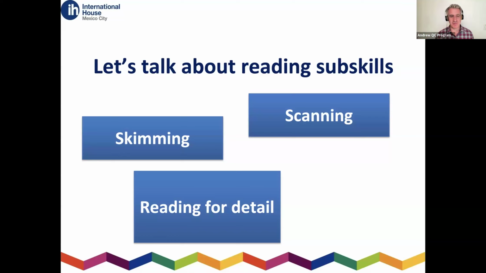Reading for detail is more about decoding from the sentence level to maybe the paragraph level. So scanning is like individual words, whereas reading for detail, sometimes confused with scanning or reading for specific information, is more about processing the ideas in the text at a very close level.